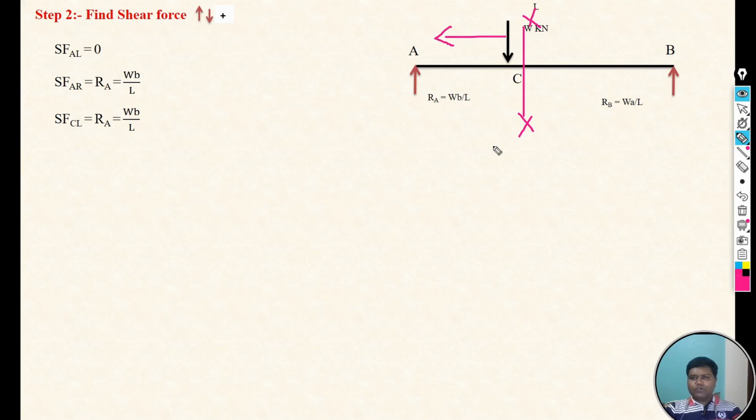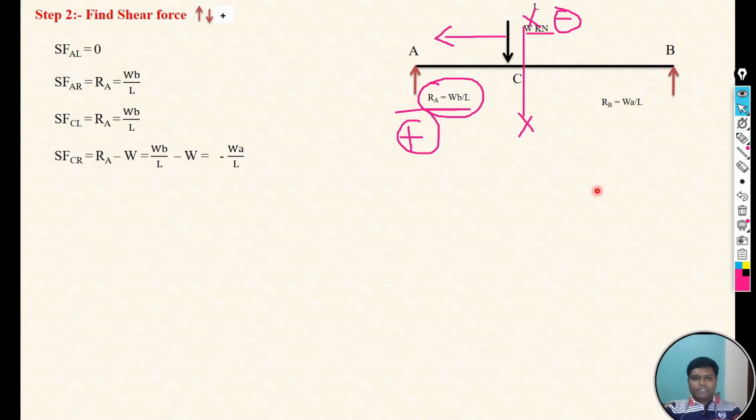Now we can see two forces are there, RA and W, where RA is upward, so it is positive, and W is downward, so it is negative. So the shear force at C right is RA positive, W negative.